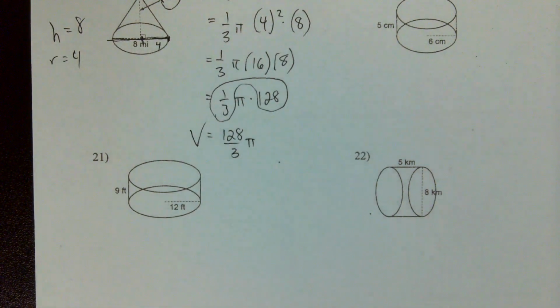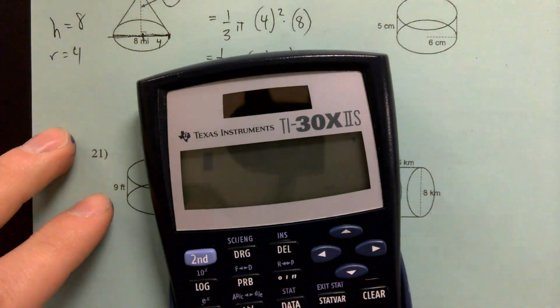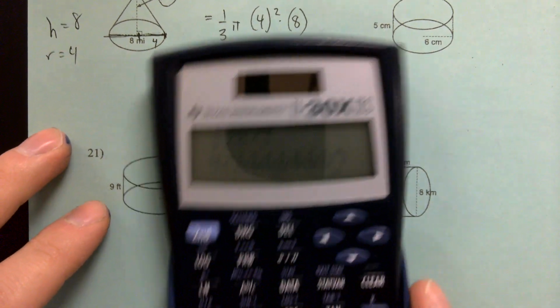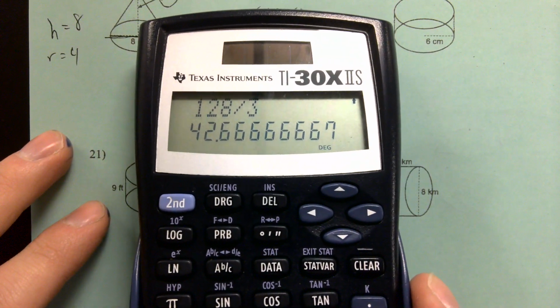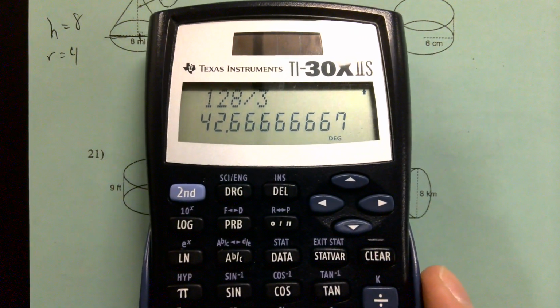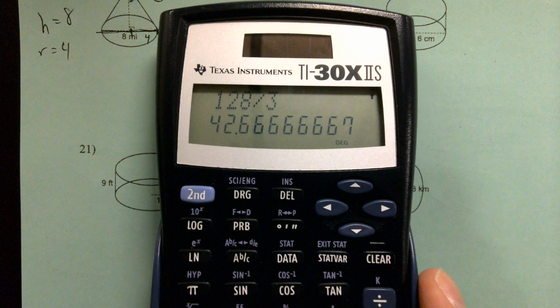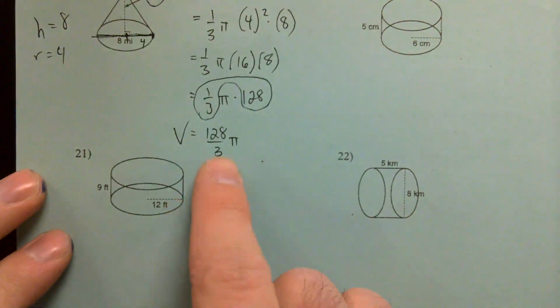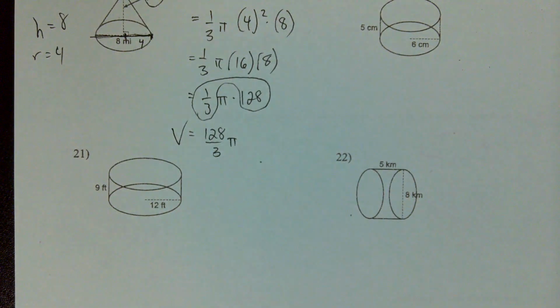We do not want to turn 128 over 3 into a decimal, because at that point it's not exact, right? It's an approximation. If I were to do 128 divided by 3, that is not an exact decimal. Even if we put 42.666, there's an infinite number of 6's after that. So we want to leave it as a fraction. That's what we mean by exact.